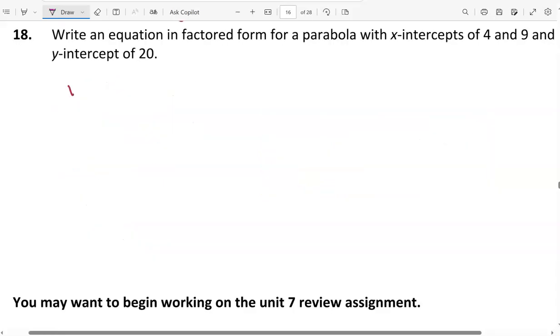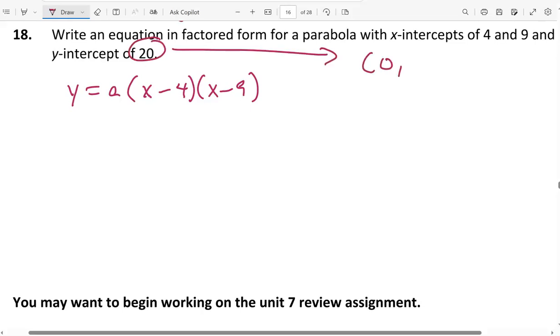In 18, we're asked to write an equation in factored form with x-intercepts of 4 and 9. So that means y equals a times (x - 4) times (x - 9), and the y-intercept is 20. A y-intercept has an x value of 0, so that means that the y value is 20 whenever x is 0.